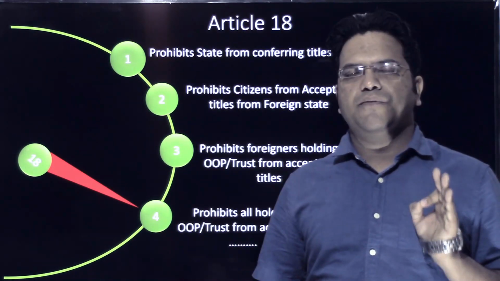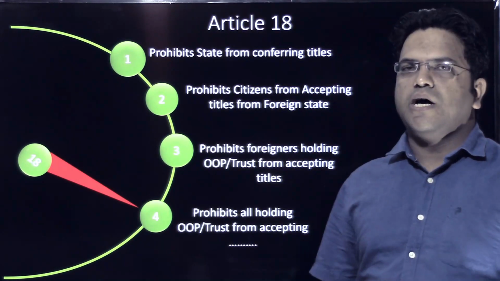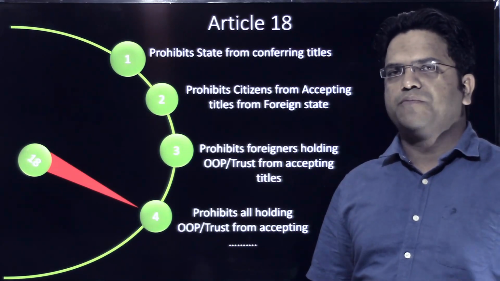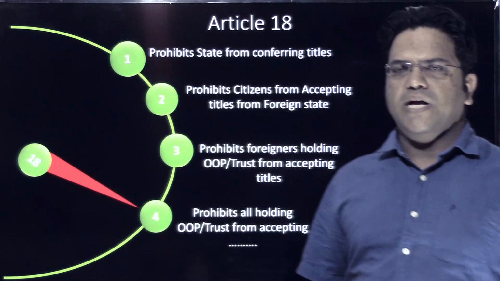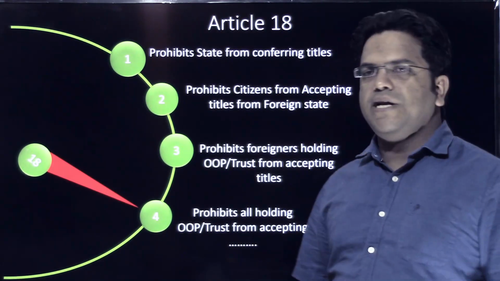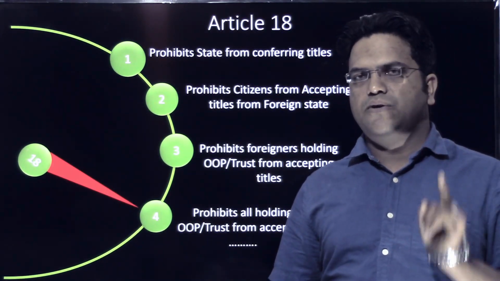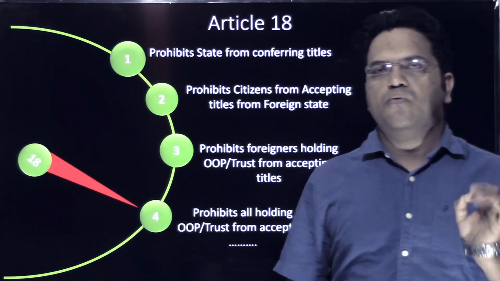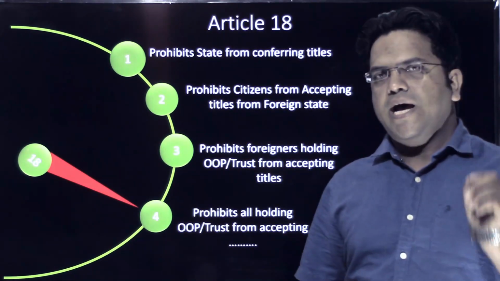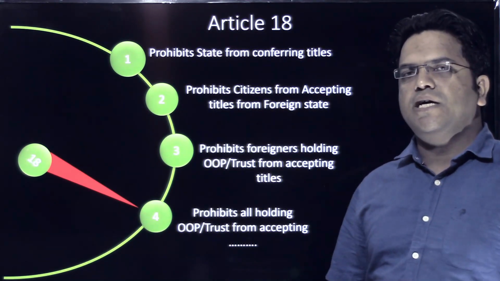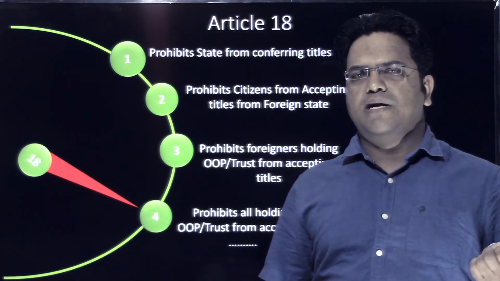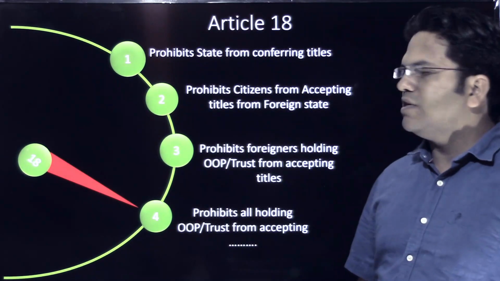Clause 3 prohibits foreigners holding an office of profit or trust from accepting titles from foreign states. And the fourth clause prohibits all persons, not only foreigners, but all persons holding an office of profit and trust under the government of India, from accepting any kind of gifts, emoluments or titles from any foreign state.